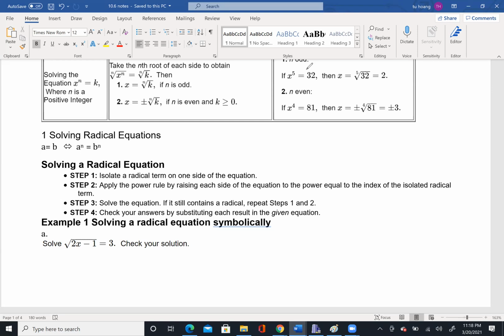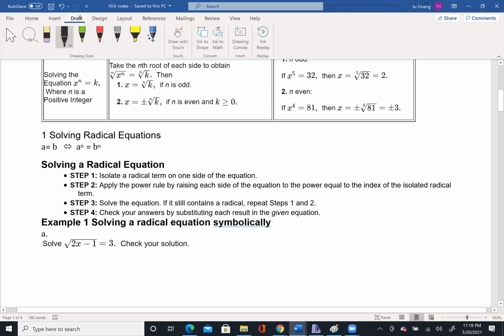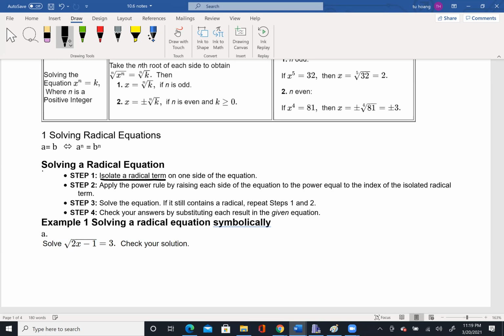The steps in order to solve a radical equation, let me use color here. Step number 1 is isolate the radical term. Step number 2, you're going to apply the power rule by raising each side of the equation to the power equal to the index of the isolated radical term.